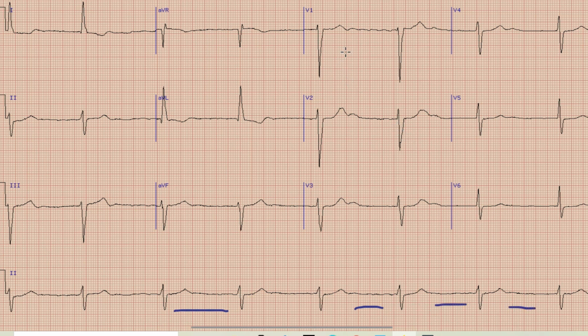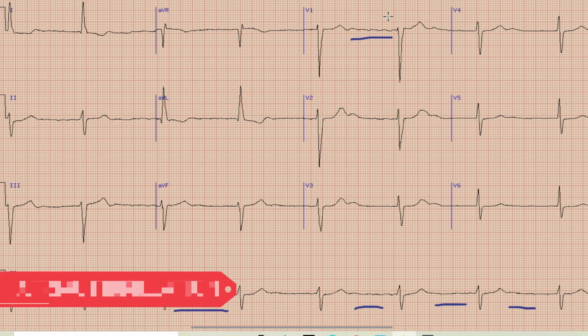Rather, in lead 1, we can find some fibrillatory waves. So, the most likely atrial activity in this case is atrial fibrillation.